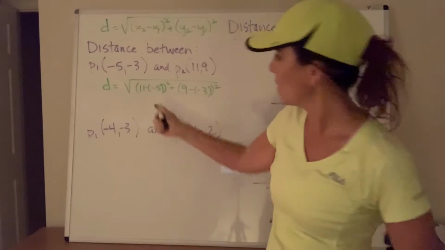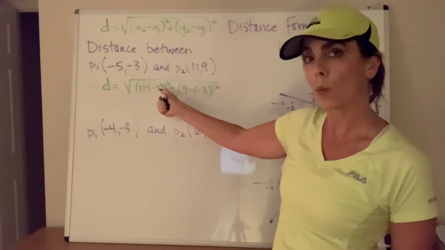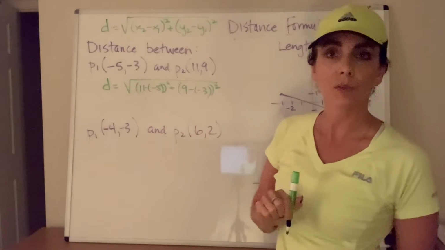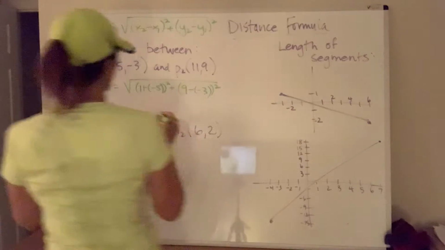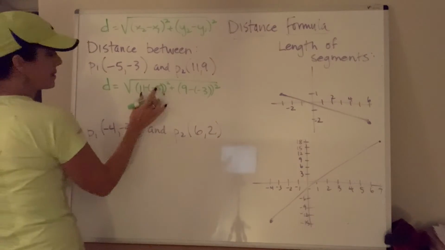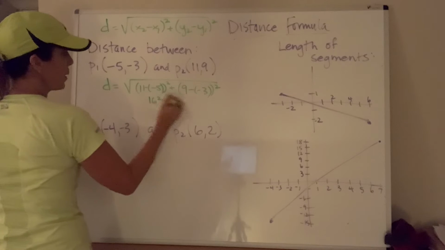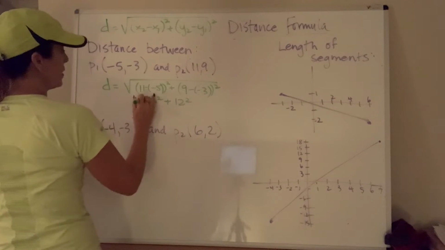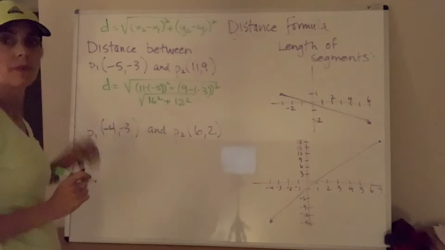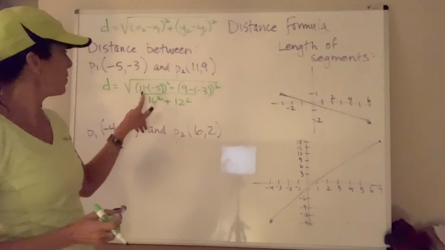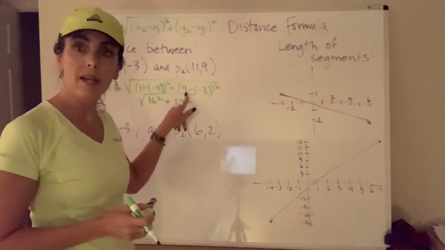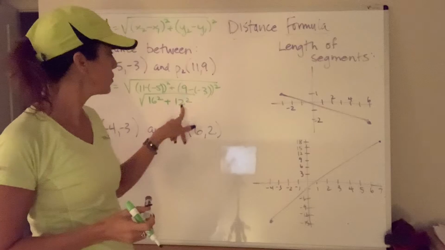All right, so now let's add together and square, add together and square, and then take the square root, right? So this is going to be 16 squared plus 12 squared. 11 minus negative 5 will give us 16, and 9 minus negative 3 is going to give us 12.